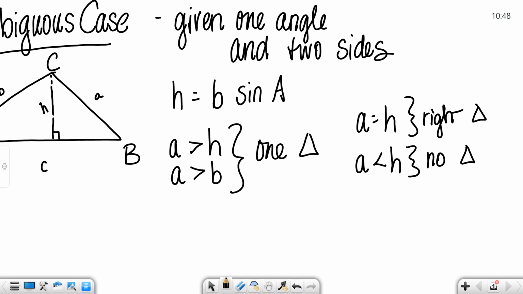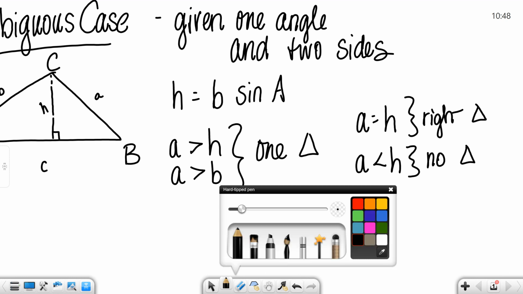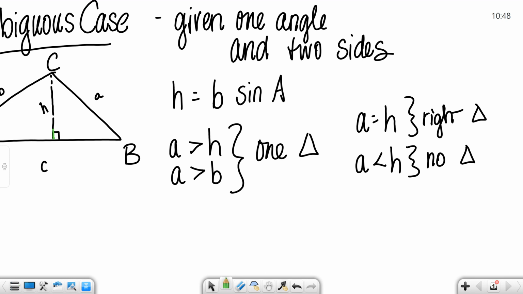Okay, if the length of a is less than h, then this is not even possible. If you look at that diagram that I have drawn for you there, if I pay attention to this triangle, a would be the hypotenuse of that particular triangle, since there is a right angle there, and the hypotenuse should be longer. Okay, so if a is shorter than the height, then this is not a triangle at all anyway.